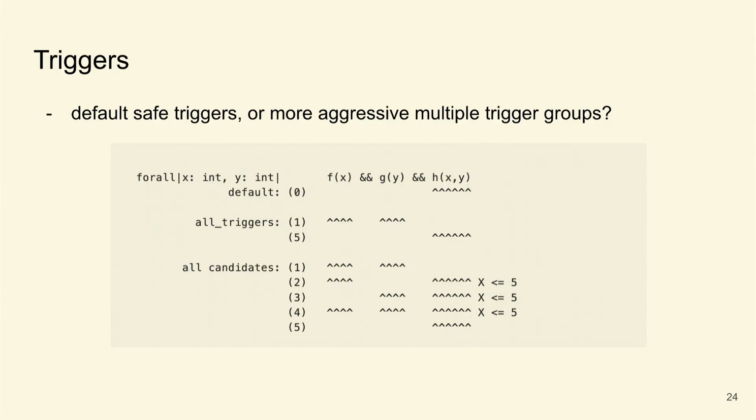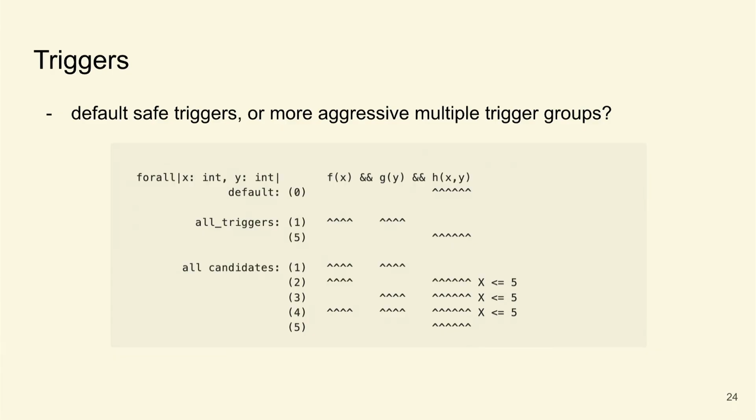And there are lots of valid trigger candidates. A valid trigger candidate only needs to cover all of the X and Y so that you know how to instantiate them. However, some are useless candidates because, for example, this one will always be triggered by just having the trigger on H. So normally you take the minimum cover, which is this all trigger expression.